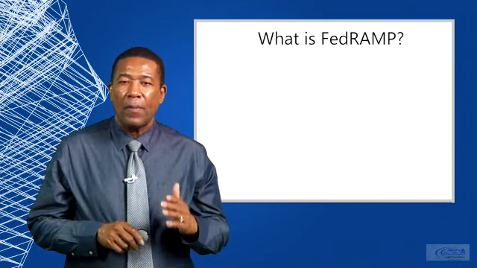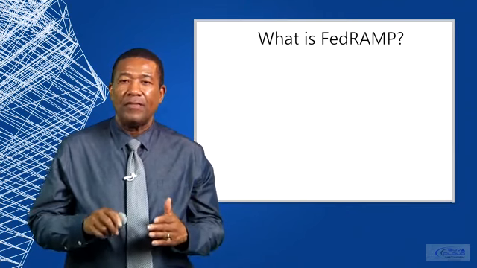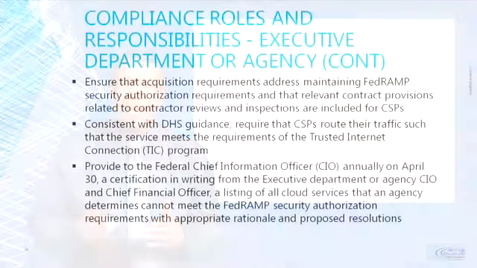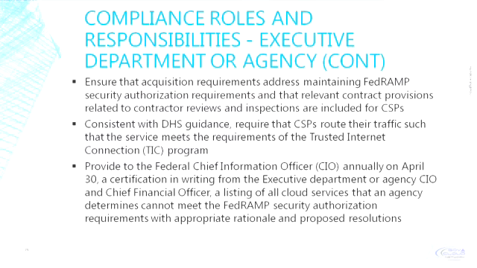They also must provide to the Federal Chief Information Officer on an annual basis a certification in writing from the Executive Department or agency CIO and the Chief Financial Officer, a listing of all cloud services that an agency determines cannot meet FedRAMP security authorization requirements with appropriate rationale and proposed resolution.